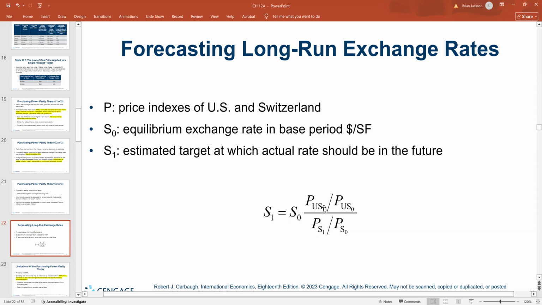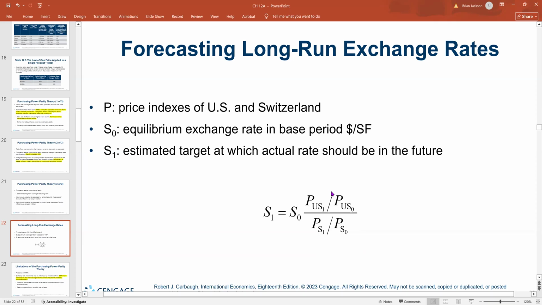We don't really experience deflation much in the United States, but the normal state of affairs is if you have a basket of goods, we all know this from shopping at Walmart, it costs more next year to buy the same basket than it did the previous year. So typically speaking, when you have inflation, this is a fraction greater than one. The numerator here is a fraction greater than one. It represents the price level at the end of the period compared to the price of that consumer basket at the beginning of the year.